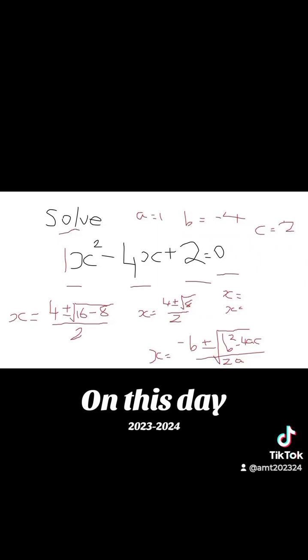So x equals 3.41 to 2 decimal places, or x equals 0.59 to 2 decimal places.